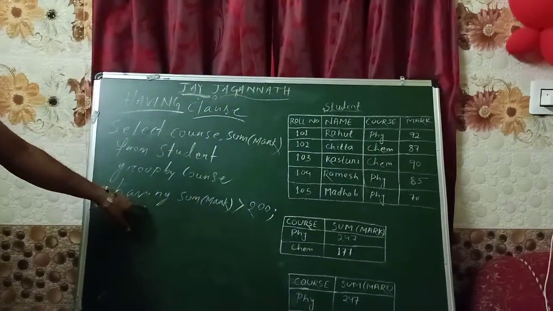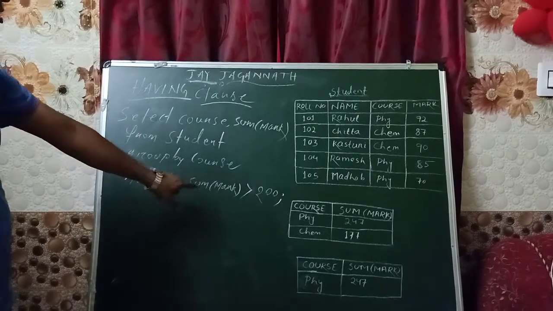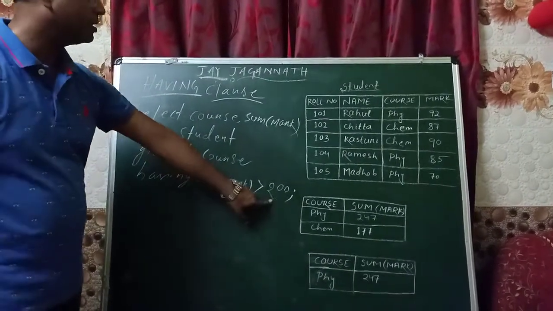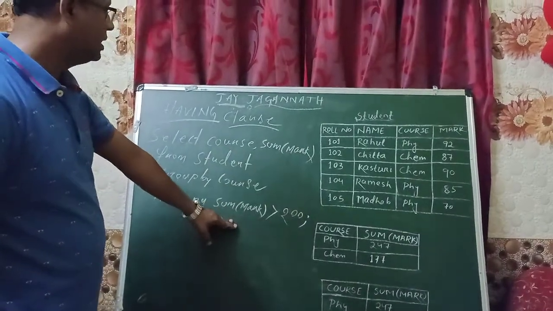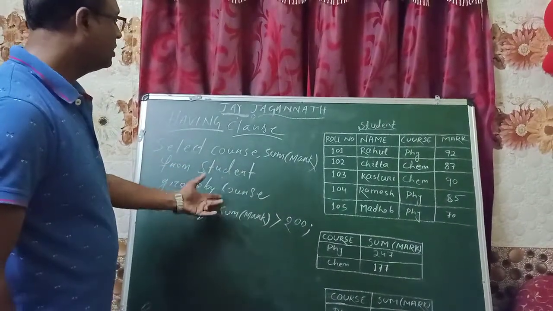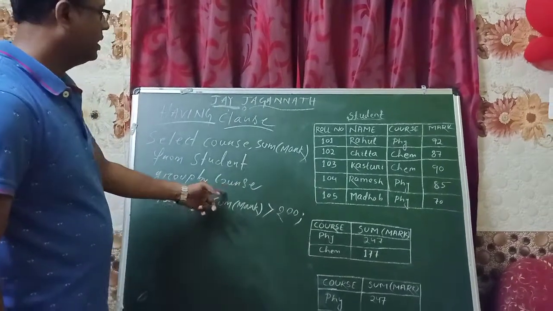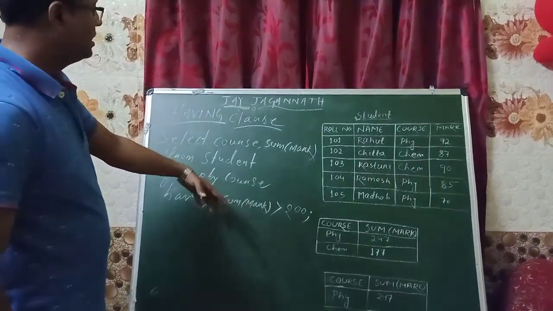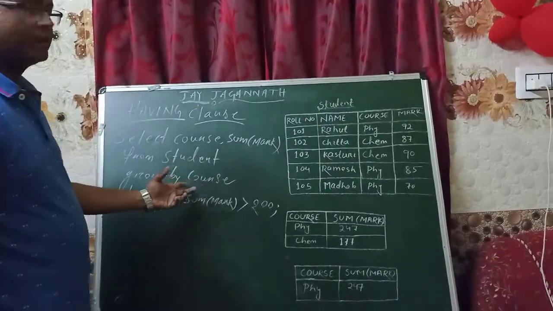Here we implement the condition that the summation of marks should be greater than 200, and that condition is implemented on the course column, which is used with the group by clause.